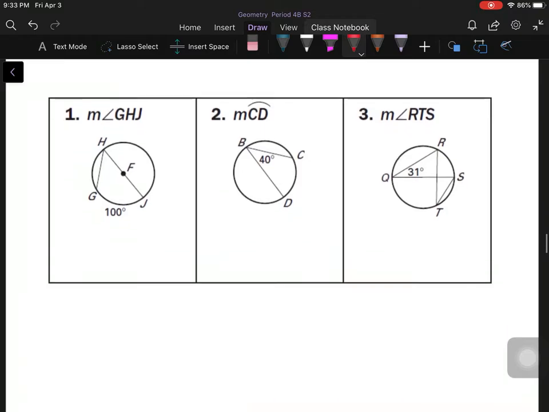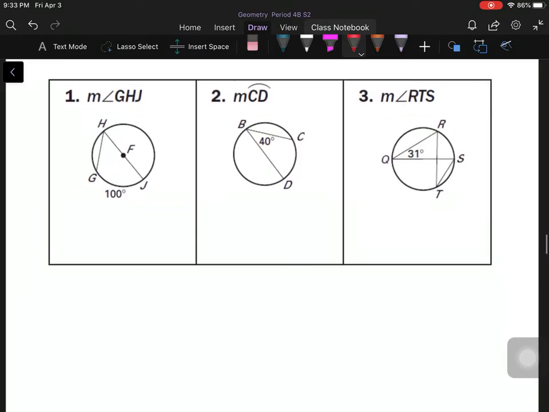Okay, question 1, just a quick review of what we just got done doing. Find the measure of angle GHJ. So that's this angle here. So if the arc is 100, then the angle would be 50 degrees. Number 2, the measure of arc CD. So again, I'm looking for this one.